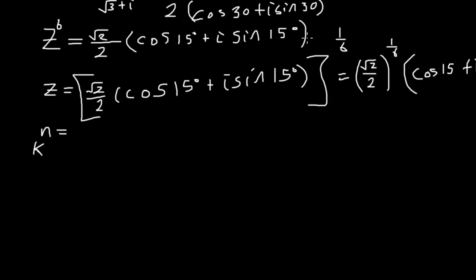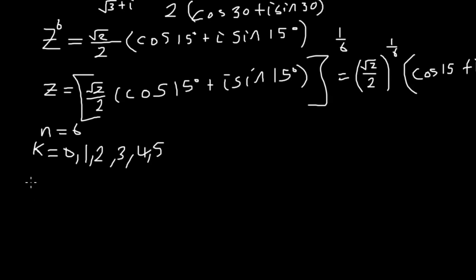Then the values of k: the first value of k is going to be 0, then we're going to end at n minus 1, which is 6 minus 1, which gives us 5. So 0, 1, 2, 3, 4, and 5. These are going to be the values of k.